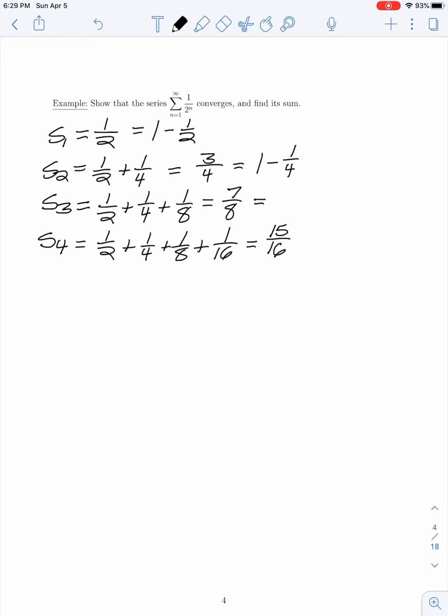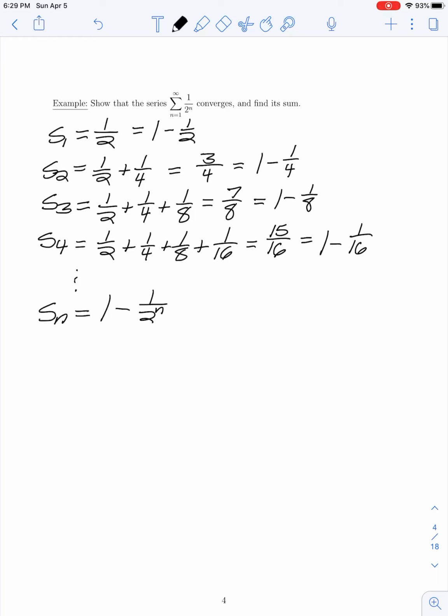For S3, we had 7/8, which is 1 minus 1/8. And for S4, 15/16 can be thought of as 1 minus 1/16. So in general, our pattern here for the nth partial sum could be described as 1 minus 1 over 2 to the nth power.